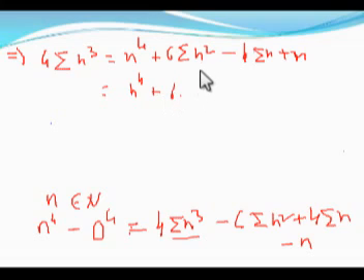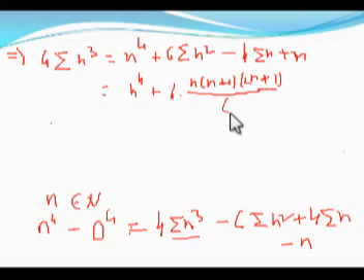The sum of squares of the first n natural numbers will be n into (n plus 1) into (2n plus 1) by 6, and we have already calculated this also: 4 into the sum of first n natural numbers, this is n into (n plus 1) by 2, and last we have plus n.